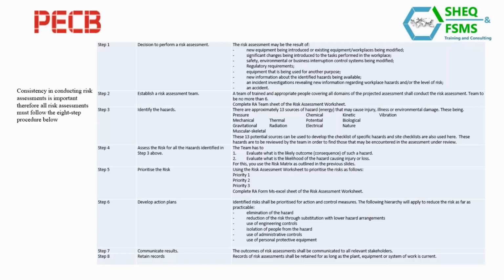The risk assessment may be the result of new equipment being introduced or existing equipment in workplaces being modified, significant changes being introduced to the task performed in the workplace, safety, environmental or business interruption control systems being modified, regulatory requirement, equipment that is being used for another purpose, new information about the identified hazards being available, and incident investigations revealing new information regarding workplace hazards or the level of risk, or an accident.